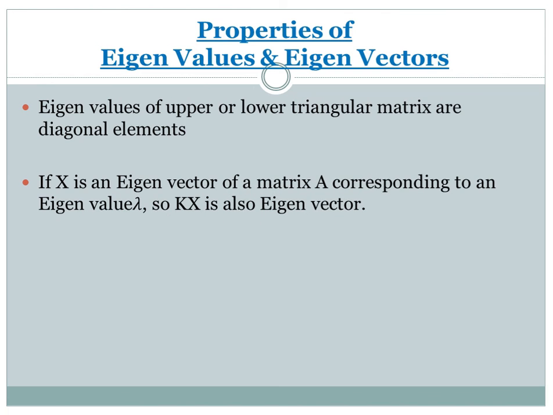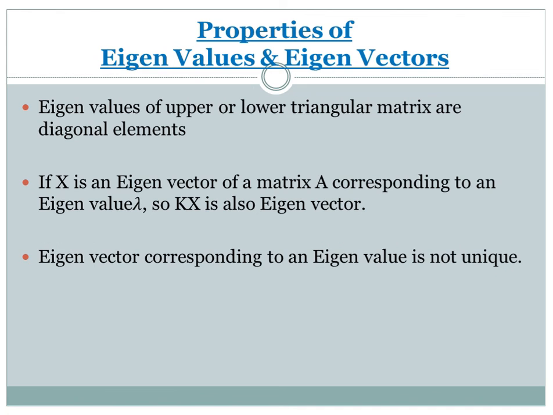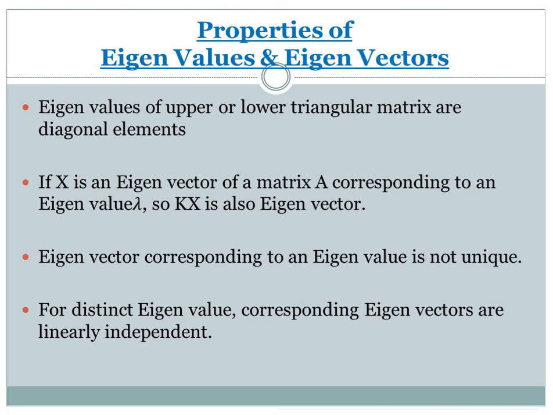The next point: if x is an eigenvector of matrix A corresponding to an eigenvalue lambda, then kx is also an eigenvector. The next property: the eigenvector corresponding to an eigenvalue is not unique, it can be different. And the last property: for distinct eigenvalues, the corresponding eigenvectors are linearly independent. This is most important.